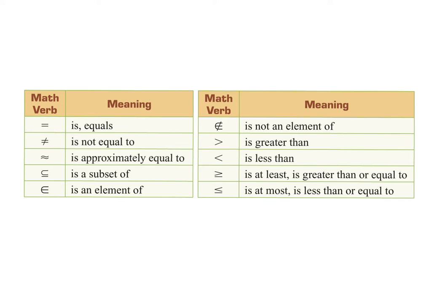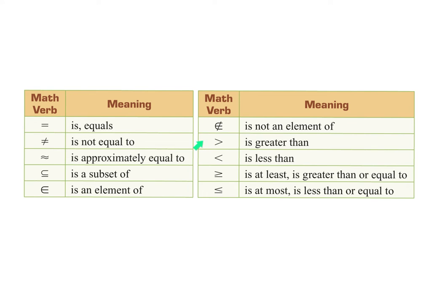It is approximate. We did talk about subsets and elements. On that same note, anytime you see a slash through a symbol, it just means not. So not element. Hopefully you've seen these last four. Greater than, less than, greater than or equal to, less than or equal to. If you don't remember it, it is always from left to right. So the tiny end is pointing to the smaller guy.